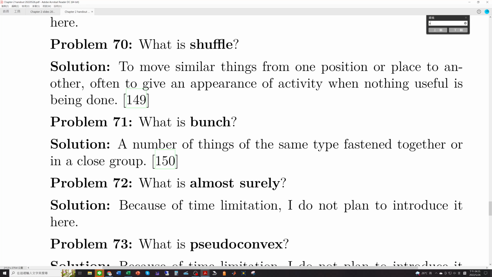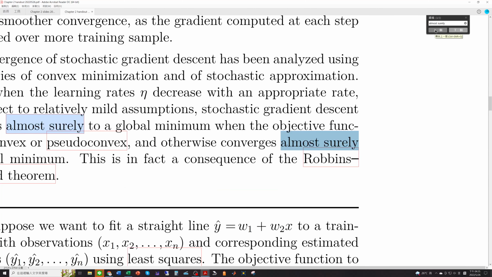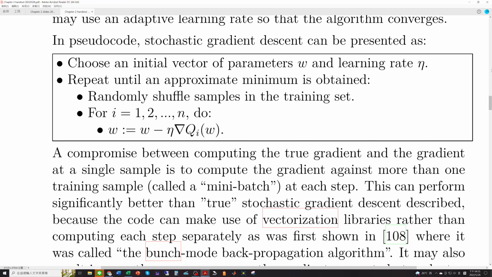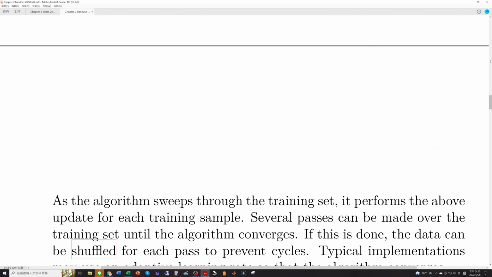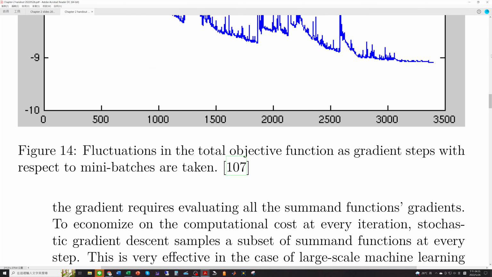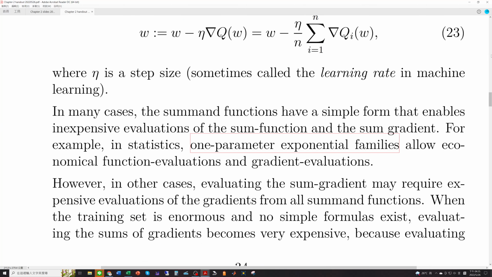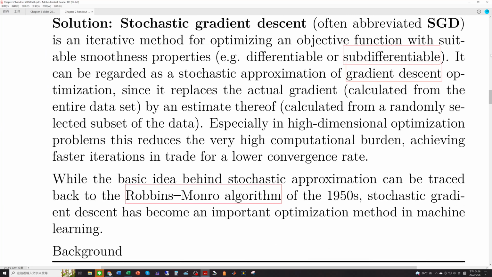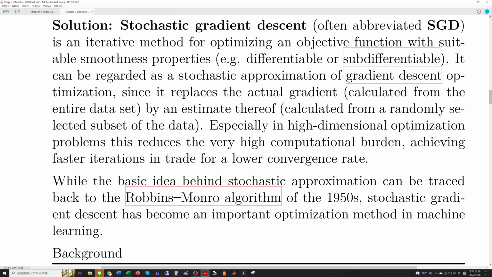Let us search for almost surely. Here, almost surely. And where is it?